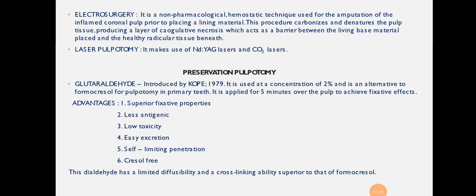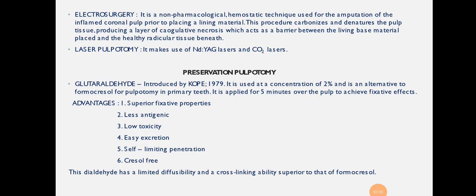And laser pulpotomy utilizes Nd:YAG lasers and CO2 lasers, which are soft tissue lasers. Next in the classification was preservation pulpotomy, where we will be describing briefly glutaraldehyde and ferric sulfate. Glutaraldehyde was introduced by Kopel in 1979. It is used at a concentration of 2% and is an alternative to formocresol pulpotomy in primary teeth. It is applied for 5 minutes over the pulp to achieve the fixative effect.